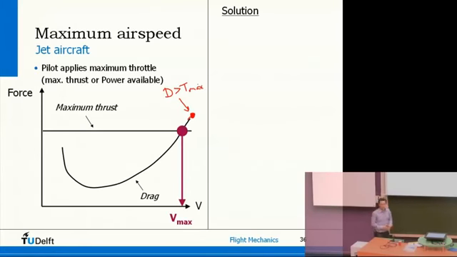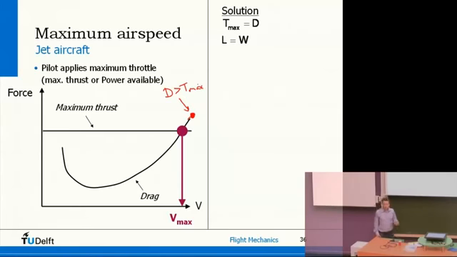So that's pretty simple, but of course in a diagram you can just draw it, but you would also like to be able to actually calculate it. So how do you do that? Now we have our equations, because we're flying at a constant speed, constant altitude, thrust equal to drag, lift equal to weight.